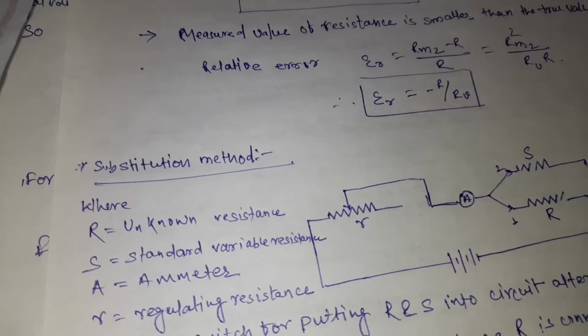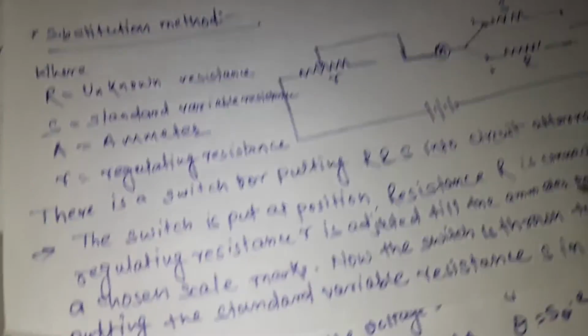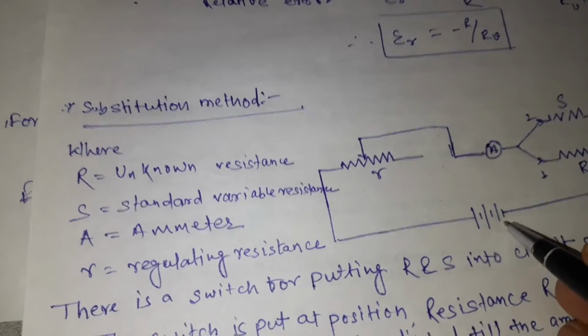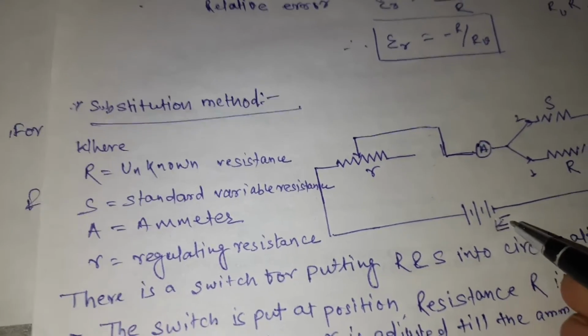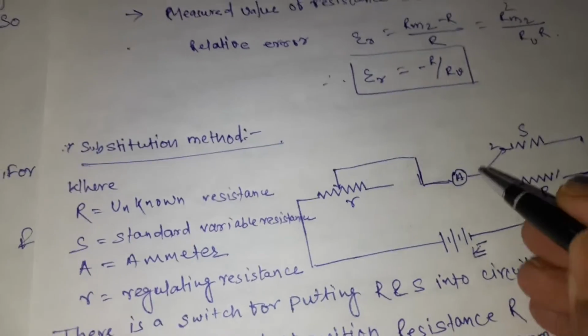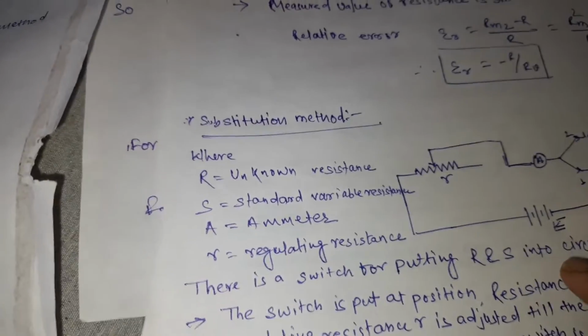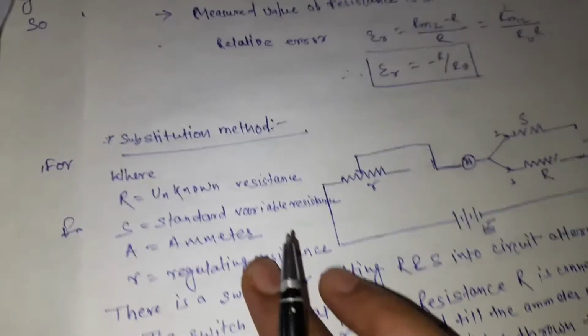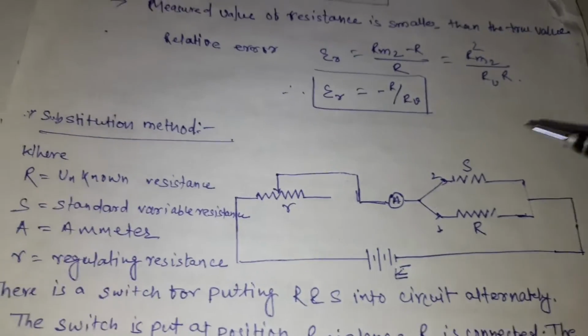We have to use one EMF source E, connect one resistance, and there is an ammeter and a switch.